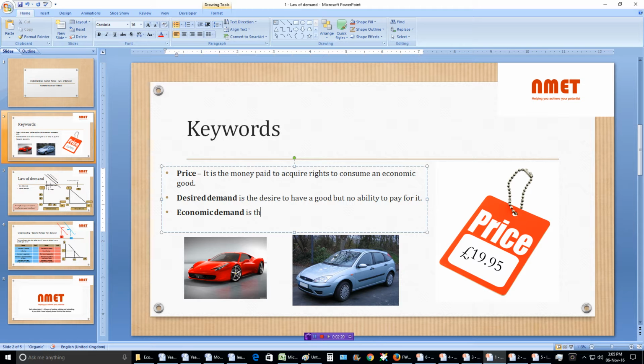The desire and the ability to pay for an economic good is the economic demand. This is what we normally consider when we talk about demand in economics, not desired demand. You are both willing to buy it and have the ability to pay for it.